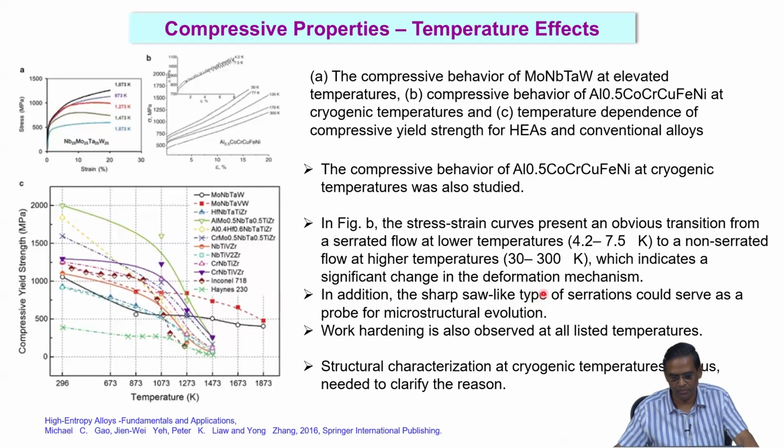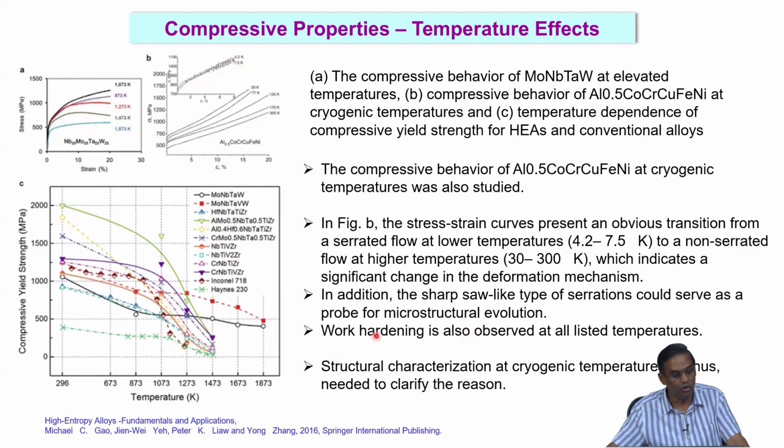So that means when you have this kind of typical sawtooth stress strain curve, you have to look at the microstructure, then you will find an answer. What he said about it could be because of twinning, it could be because of dynamic strain aging, and so on. Work hardening is also observed at all listed temperatures.